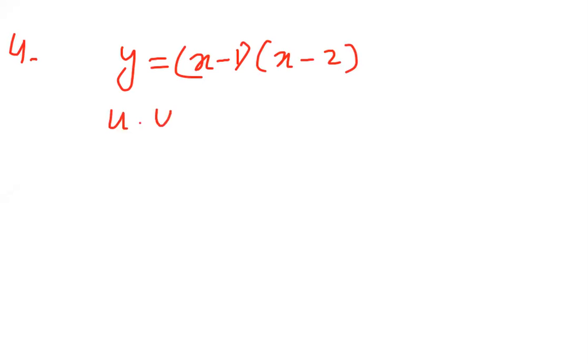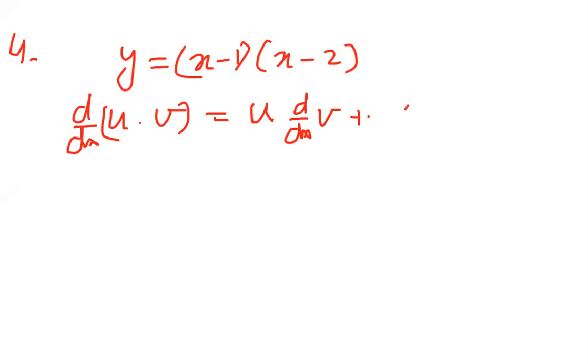So differentiation of u into v, I suppose you remember: first function, differentiation of second plus second function, differentiation of first. Must see u ddx of v plus v ddx of u.